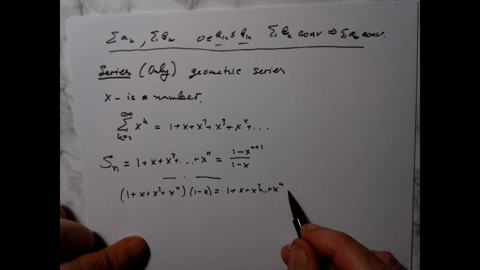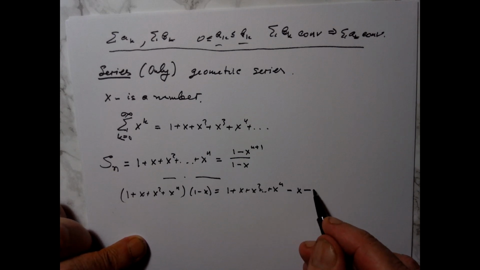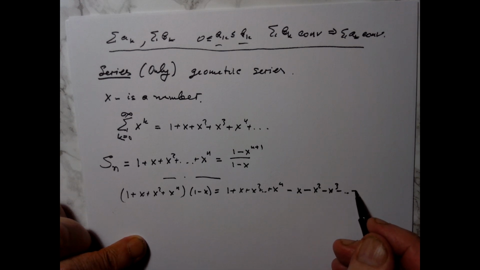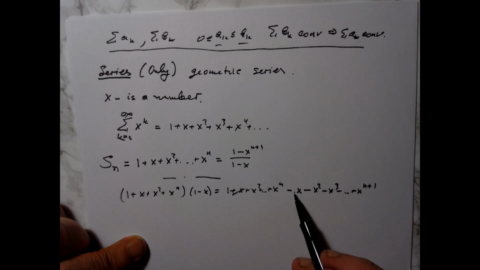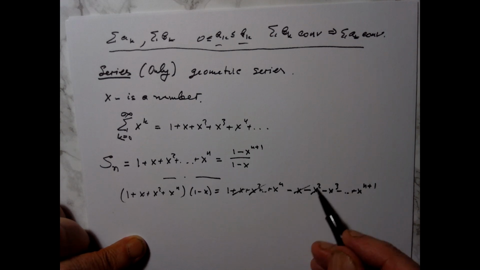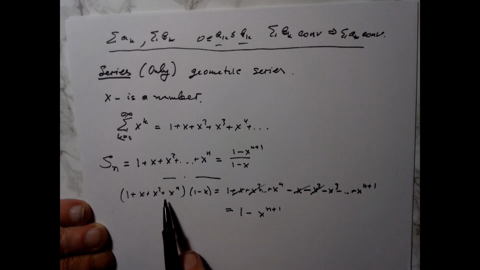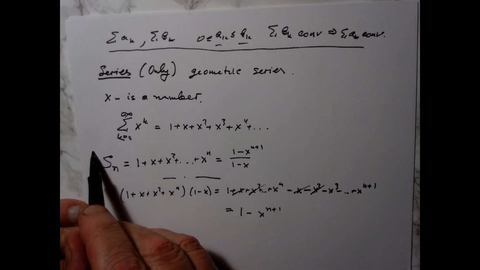And when I multiply it by x, I will have minus x squared minus x cubed minus etc. minus x to the power n plus 1. So this x and this x cancel each other. This x squared and x squared cancel each other. Everything cancels. And this is equal to 1, and the last term here will be minus x to the n plus 1. In other words, the product of these two terms is equal to this, and this is where this formula comes from.